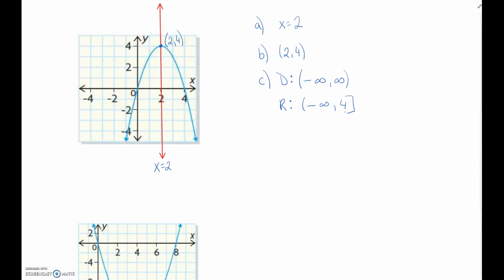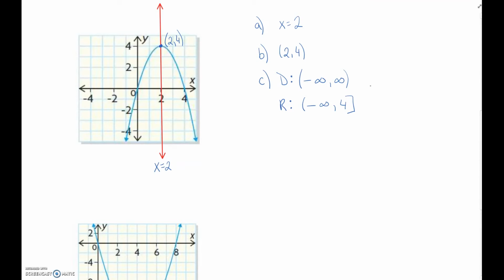Now, another question you're going to want to ask yourself is, okay, what kind of brackets do I need to use? And remember, round brackets are used when you can approach that value but not equal to that value. Those values are not included. Where square brackets, like this 4, means that we can go up to 4 and include 4. So this is sort of related to, if you think of when we were doing inequalities, right?